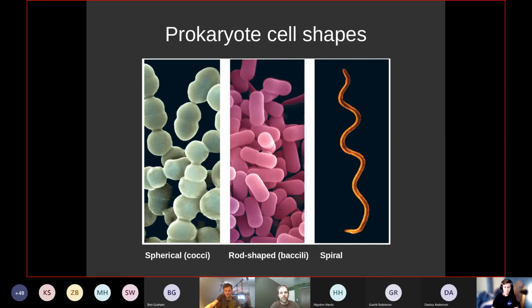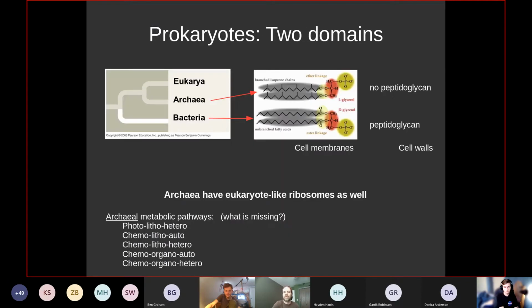They're a much simpler form of life, and prokaryotes make up two domains, which is why the word prokaryote is biologically useless. What is it about that term that we don't like here in phylogenetics?